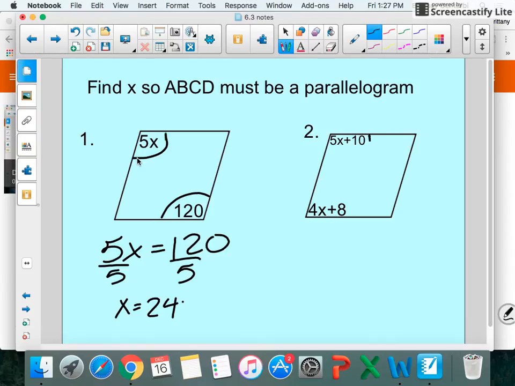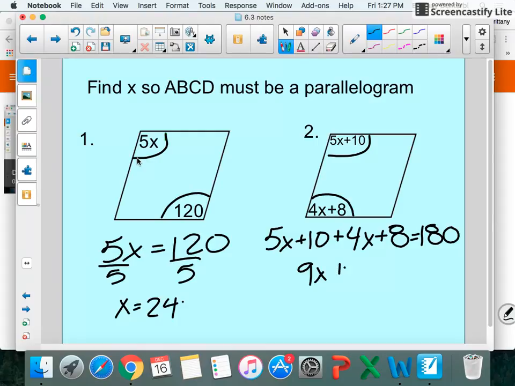Now looking at number 2, I look at the two angles where they've given me information, and those are consecutive angles. Now in order for this shape to be a parallelogram, the consecutive angles have to be supplementary, which means they have to equal 180 degrees. So I'm going to add them together and set them equal to 180. Then I'm going to combine like terms on the left-hand side.